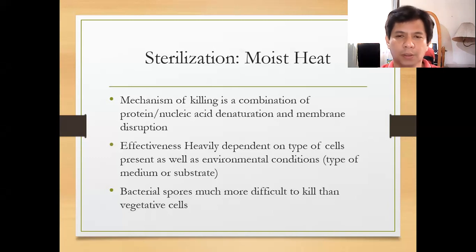Okay. So the most common way of sterilizing biochemical systems is the use of steam, or in other words, moist heat, for equipment, specifically the inside of equipment. Generally, equipment is made up of stainless steel.